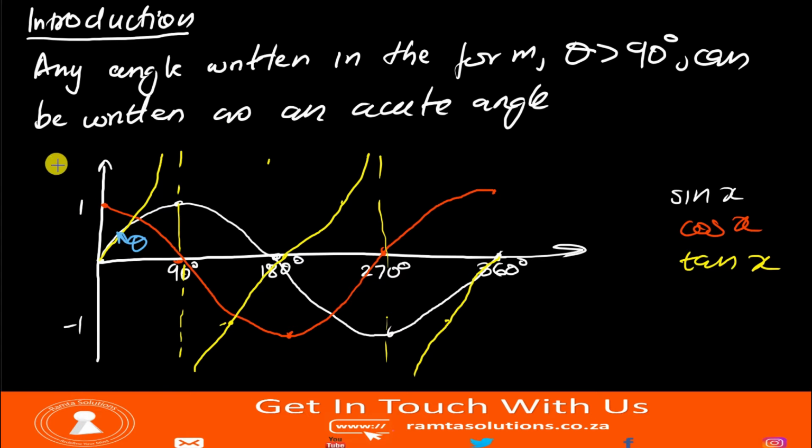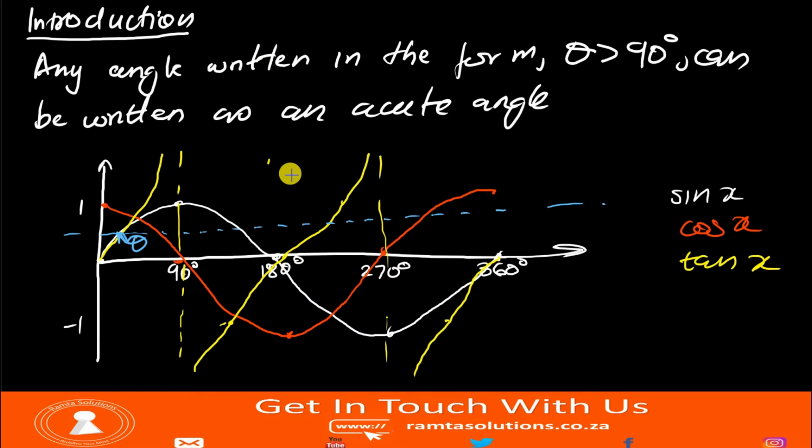The second quadrant, let me also draw this line here. As you can see, I want the blue line. I want you now to look at the next angle. It is 180 degrees.